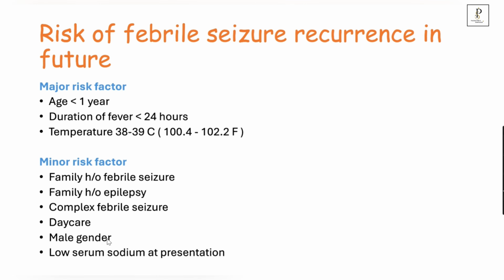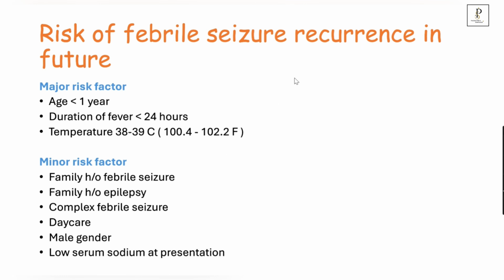If a male child goes to daycare, then risk of recurrence will be more. Low serum sodium, we have discussed it previously. If during presentation the child's serum sodium is low, then chances of recurrence are more.